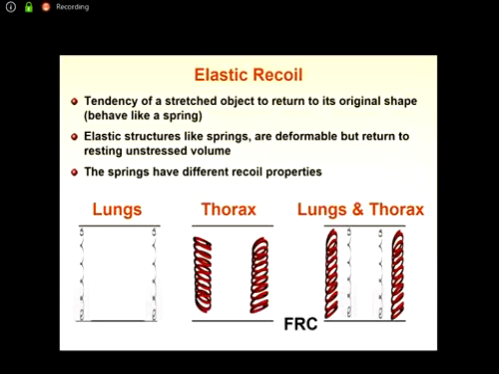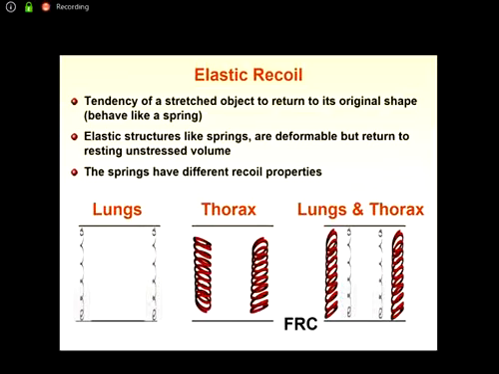What's going to happen when you let it go? The spring will close down and will shorten again. It will tend to go back to its resting volume. That's what happens to the lungs. They're in a state of overstretch. It's like a spring that is overstretched all the time and tends to recoil back to a smaller volume.